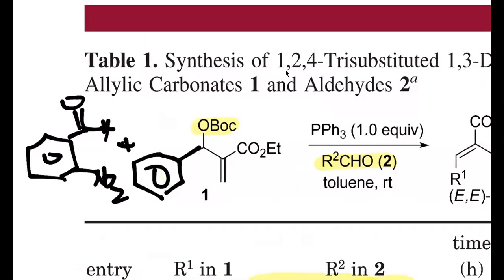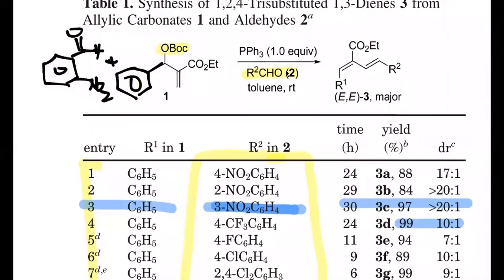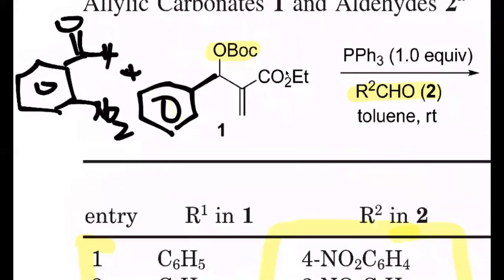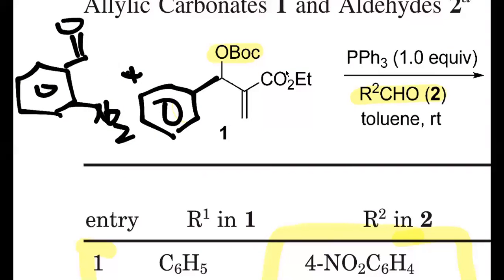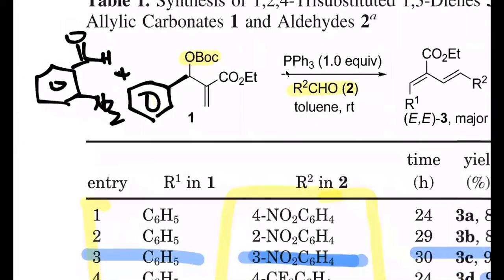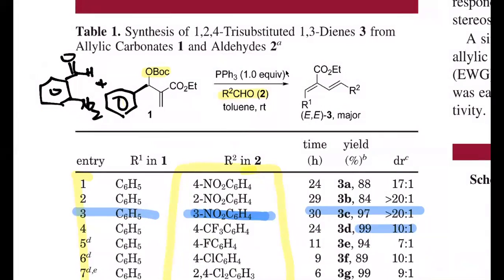Right, so that set of reagents gives you a 97% yield and greater than 20-to-1 ratio of stereoisomers.